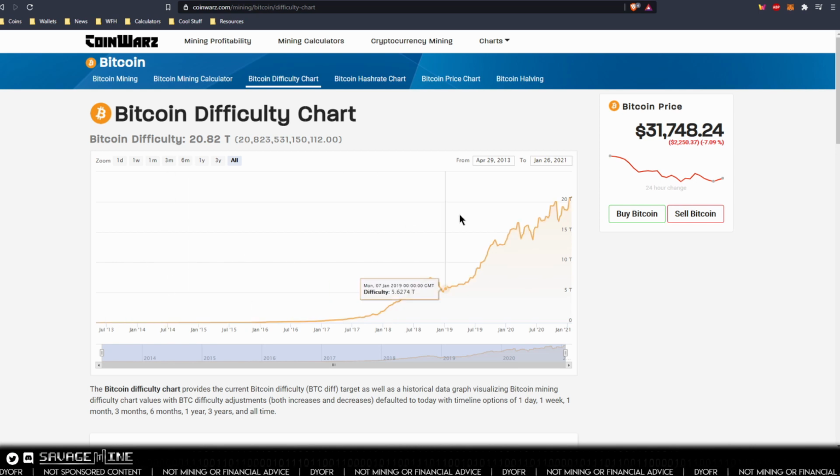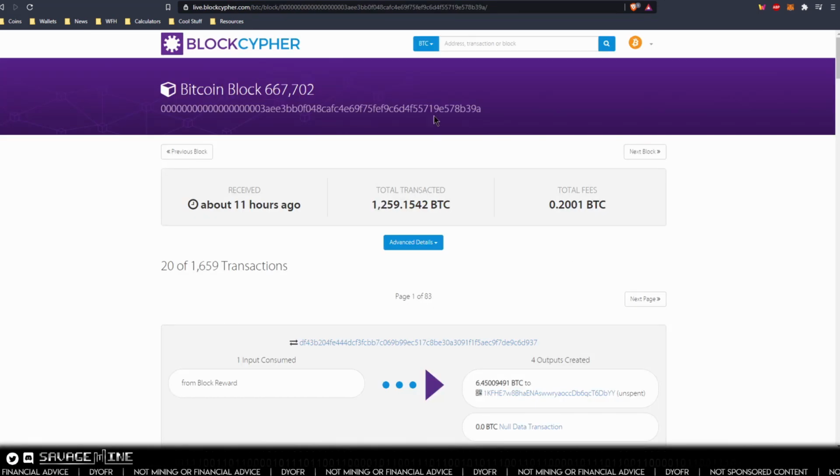You can see here that the difficulty over time has increased drastically. We're sitting right now at about 20 terahash for the difficulty. That means that on average 20 terahashes is what it will take to solve the block and come up with a number that has a leading 18 zeros or lower, right?